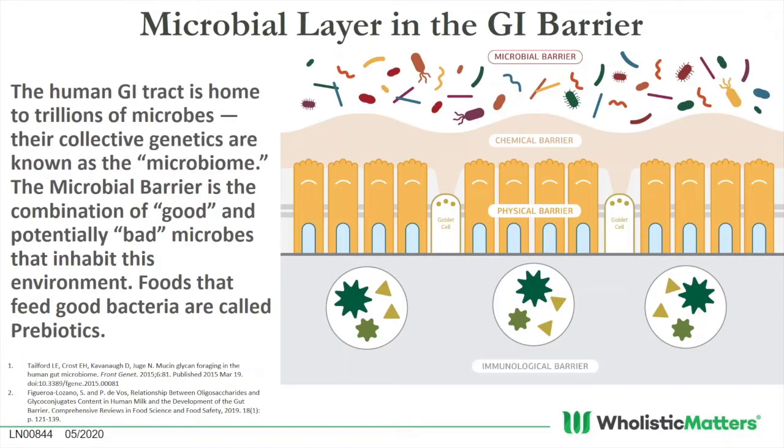So this is where you have all of the good and potentially bad microbes that inhabit the environment. The foods that directly feed the good microbes in here are called prebiotics. A lot of these other microbes are able to scavenge and consume many, many different things. They produce all sorts of compounds that are helpful for us, but then they also can produce some things that we don't necessarily want.